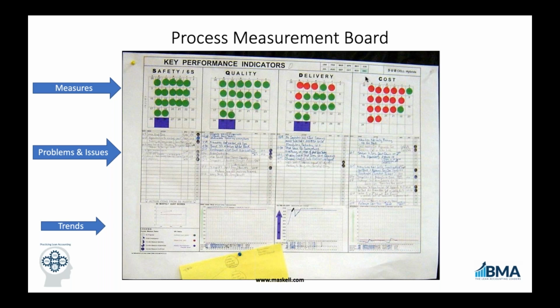Here's the thing about a visual display. I always call it a storyboard. It needs to be simple and easy for anyone to come up and read and understand on their own. That's sort of the acid test of a good visual board.